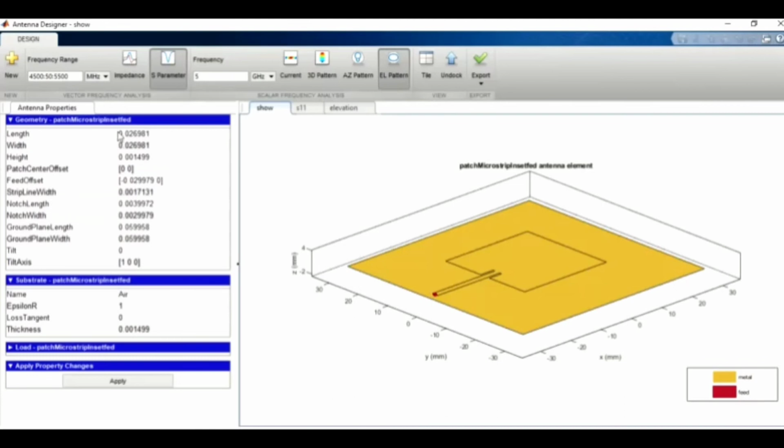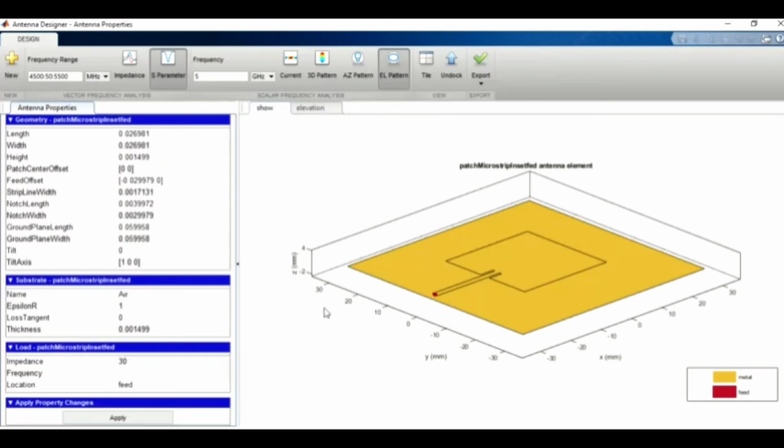So this is the value for each parameter for the microstrip inset fed antenna. As you can see, it has notch length and notch width. So this is the parameter for the substrate patch antenna. For the microstrip inset fed antenna, the impedance is 30 ohm. So next I will apply these properties.